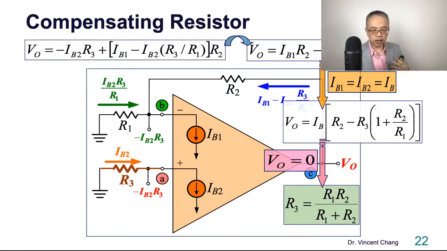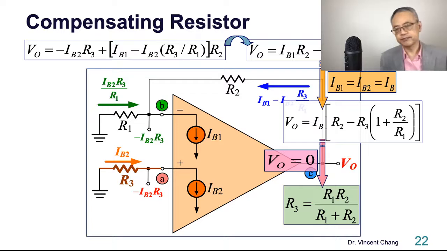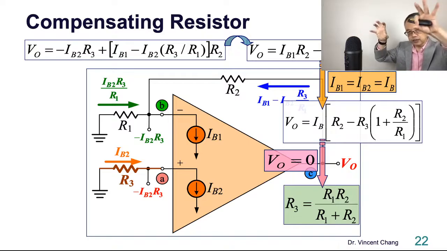It's the parallel of R1 and R2. It's the resistance you see standing on the inverting terminal and looking outward, and you get these two resistors, R1 and R2, in parallel.